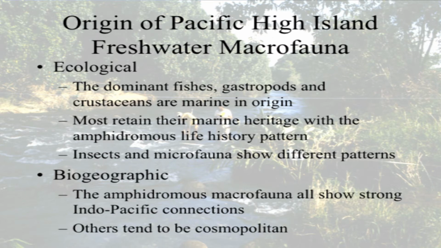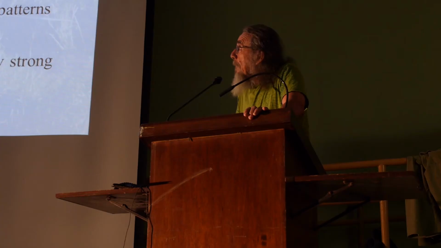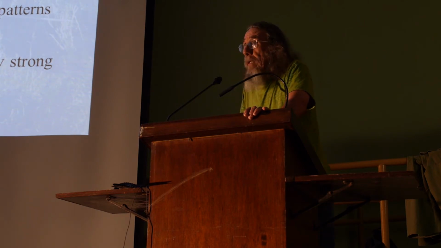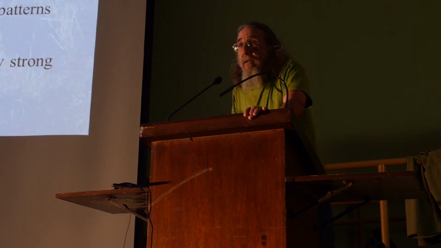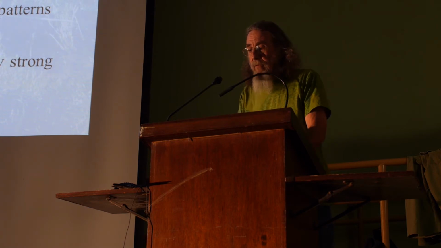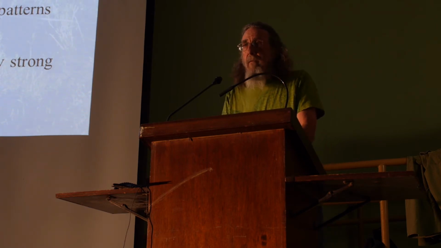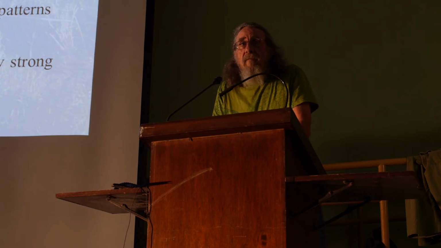The dominant fishes, gastropods, and crustaceans, so insects are not there, and there's a reason for it, are marine in origin, and most of them retain the marine heritage in their life history pattern. So if you think about marine animals, so let's say coral reef fish.